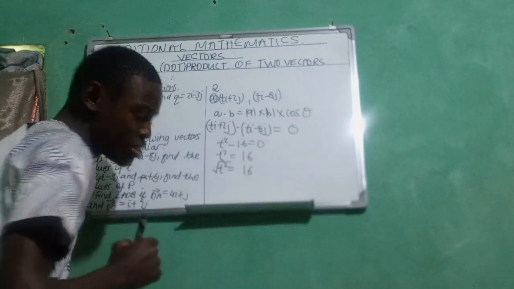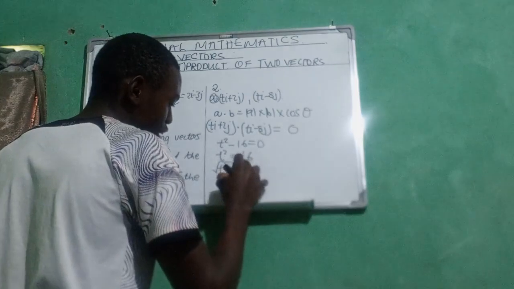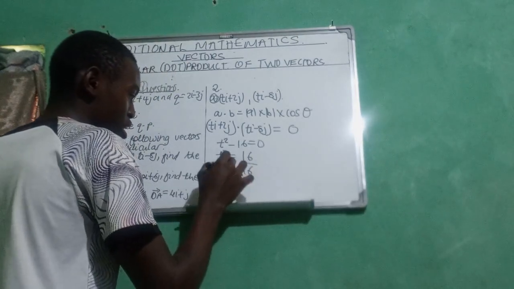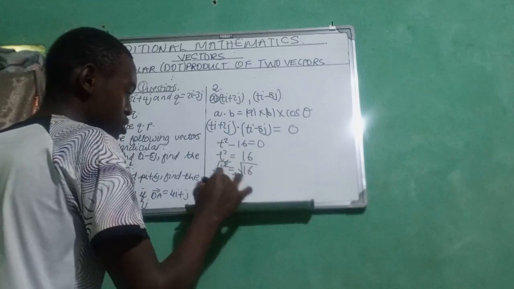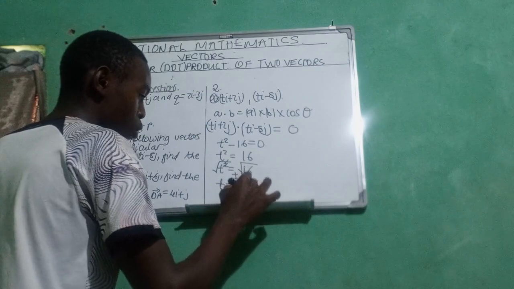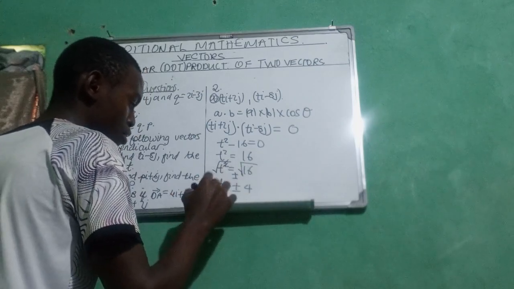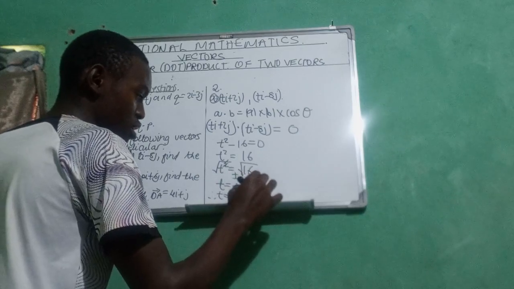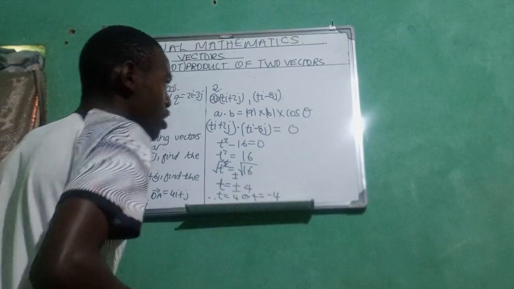Since we're taking it on both sides, you need to take the plus or minus square root. So t will be equal to plus or minus 4. Therefore t is equal to 4, or t is equal to -4. And that's your answer for question 2a.